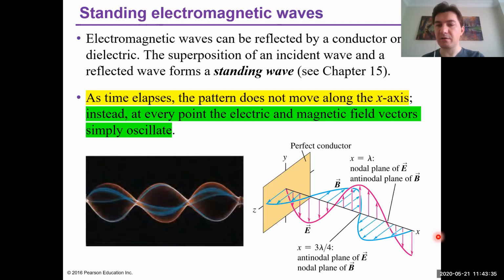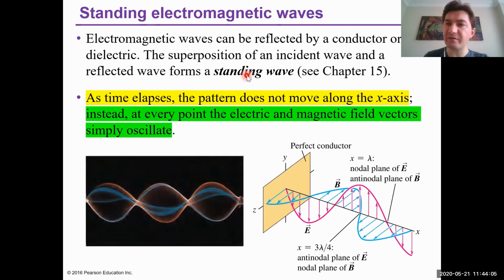You have one light which is coming to the perfect conductor, and it will be reflected by the conductor. So here we have an incident wave, and we have a reflected wave. The superposition of incident and reflected waves forms a standing wave.